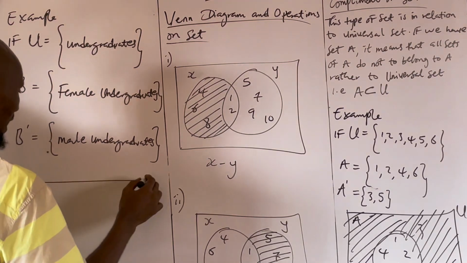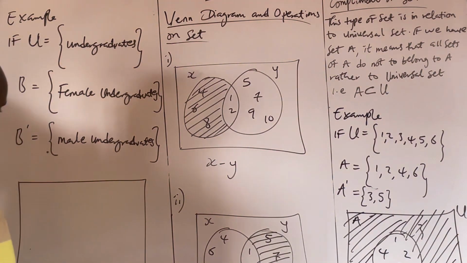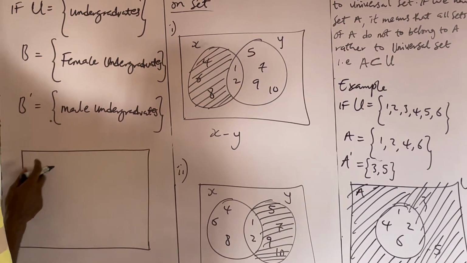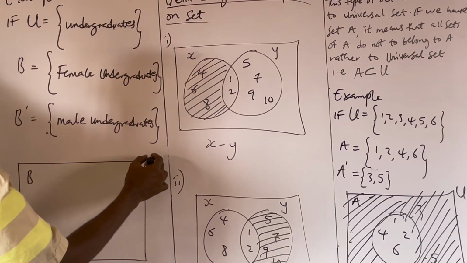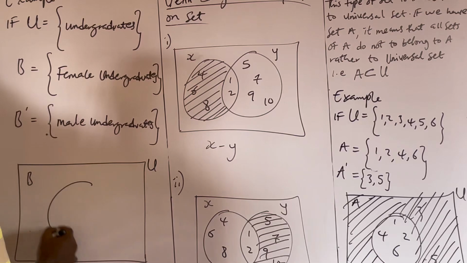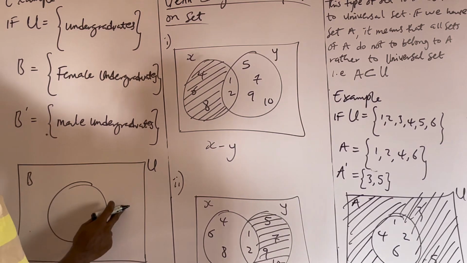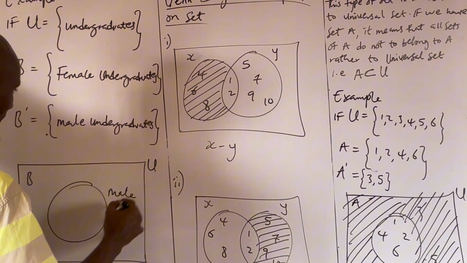So we'll draw our Venn diagram here. This is B, in the universal set. What are we going to have here? No. Here will be male undergraduate. Let me write it for you. Here is male undergraduate.